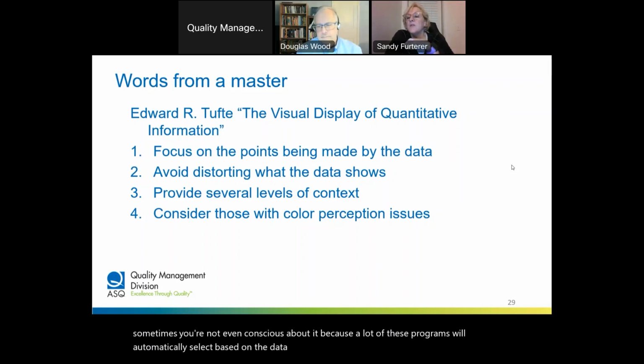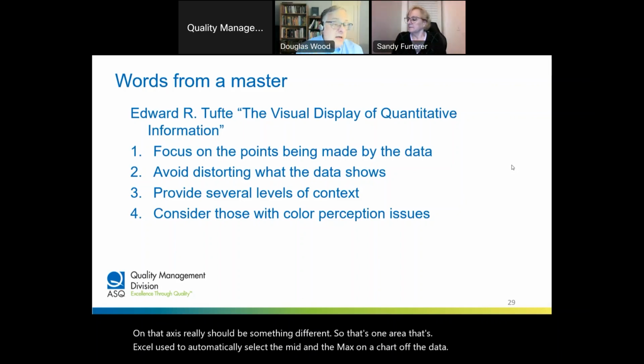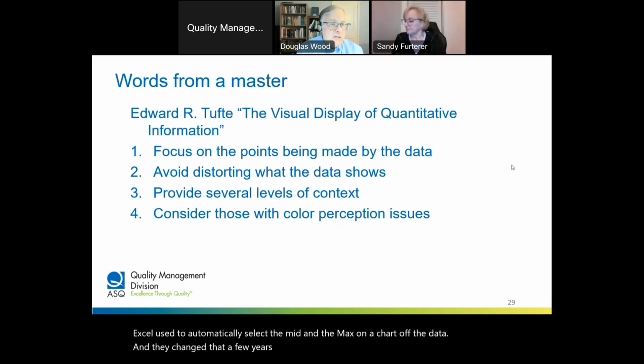This may be the data you have today, but for the data that you're trying to get to, that axis really should be something different. So that's one area that's important. Excel used to automatically select the min and the max on a chart off the data. They changed that a few years ago so now it starts from 0. But it still automatically sets the maximum based on your data. So yeah, it's still a problem.